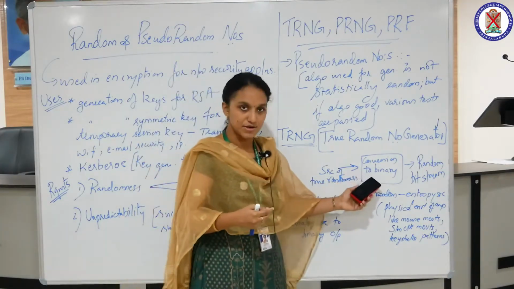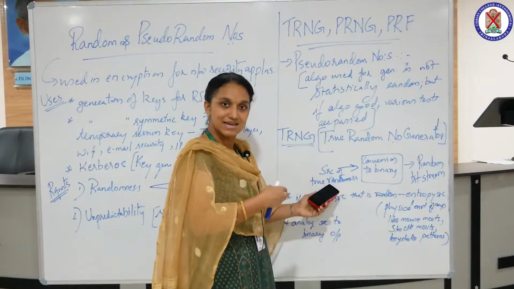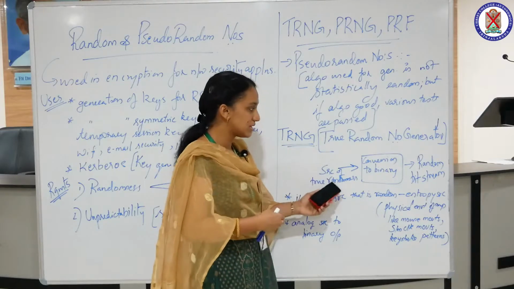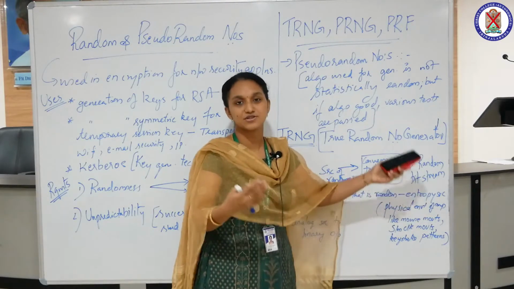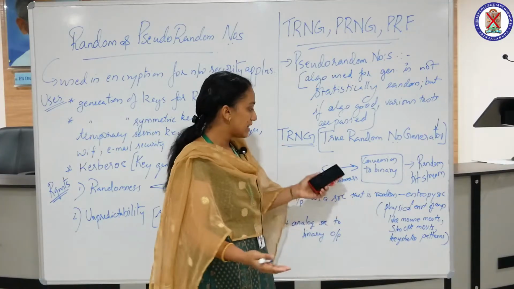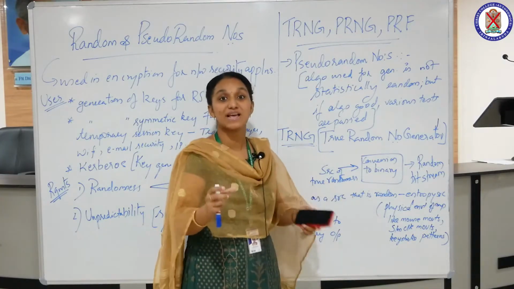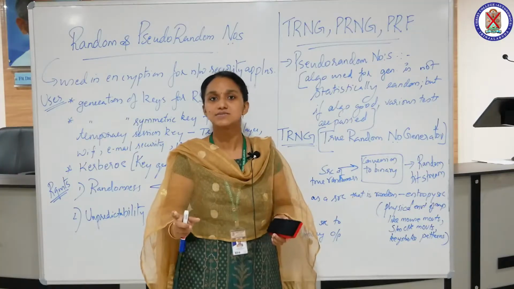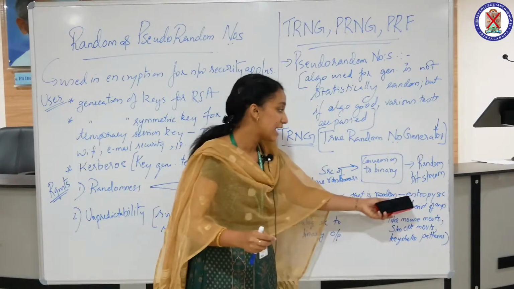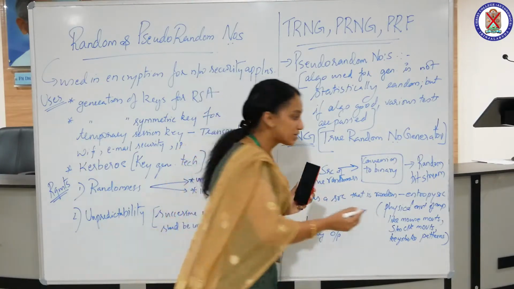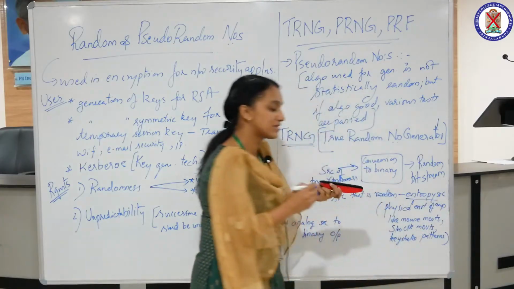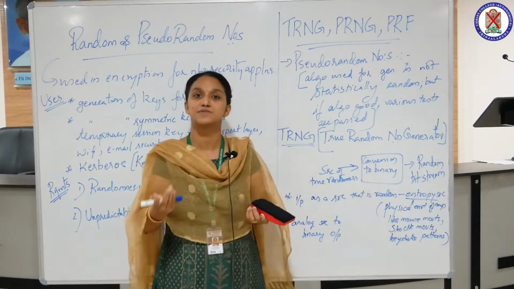You have a diagram here. On one side you have the source, on the other side the destination or output. The input will be some random source. This random source can also be called the entropy source. Please note it, it's very important to know what an entropy source means.